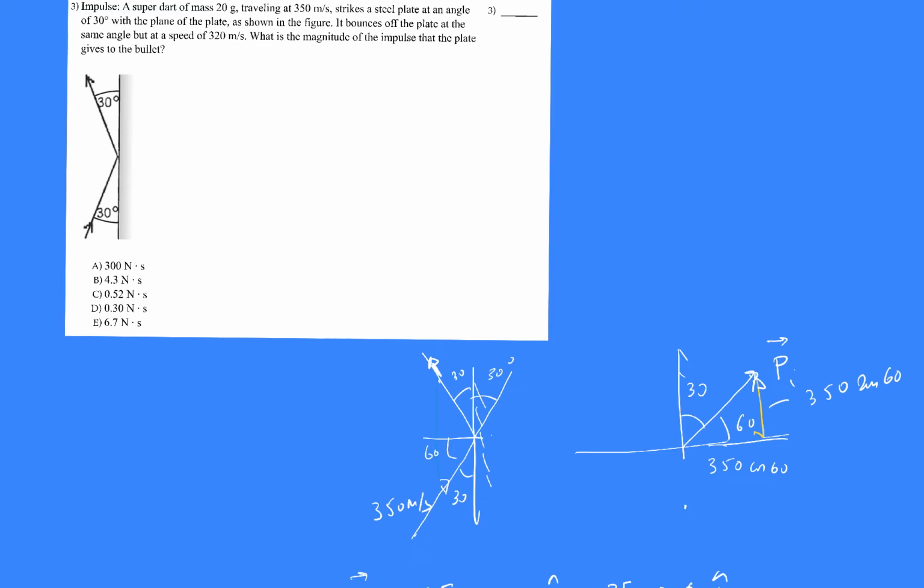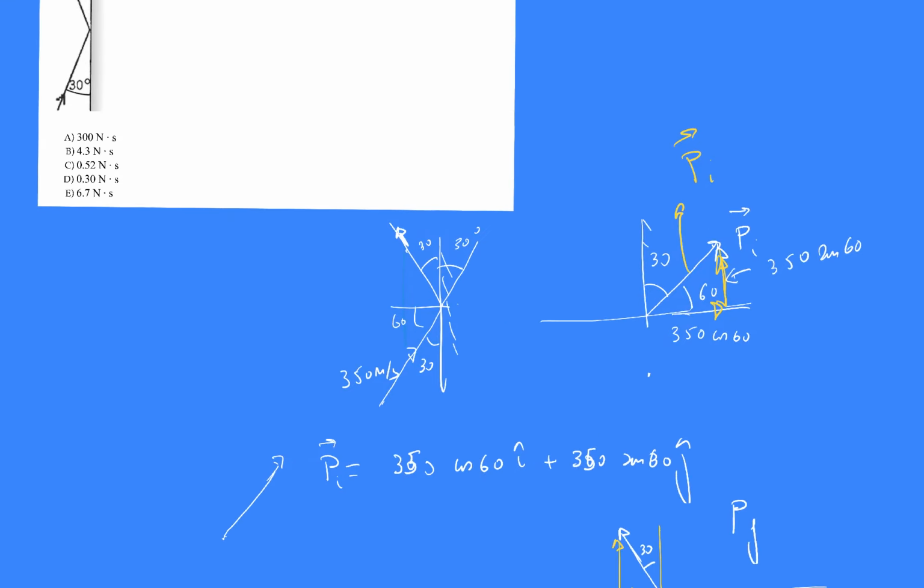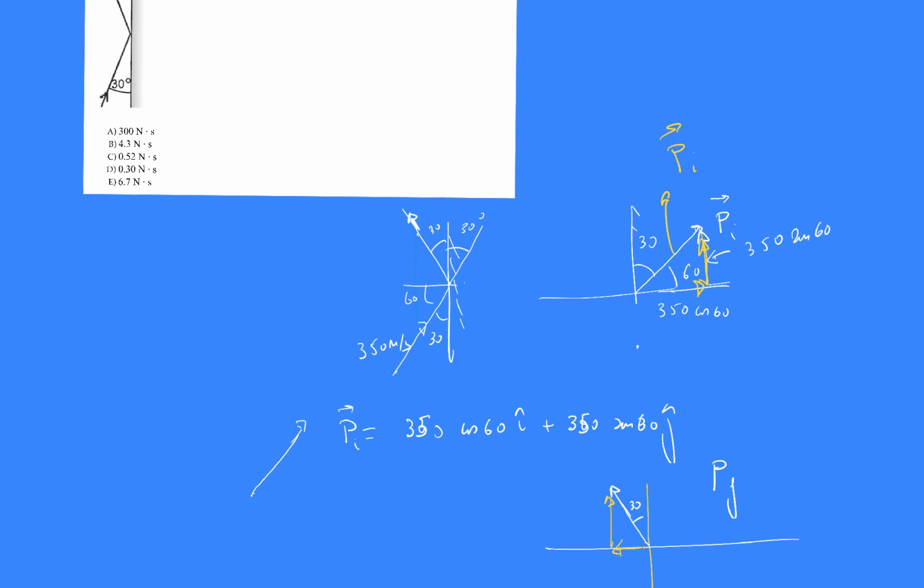This is the opposite side of the 60. So this is the momentum. This one plus this one is the Pi, the initial momentum. Okay, what is the PF?